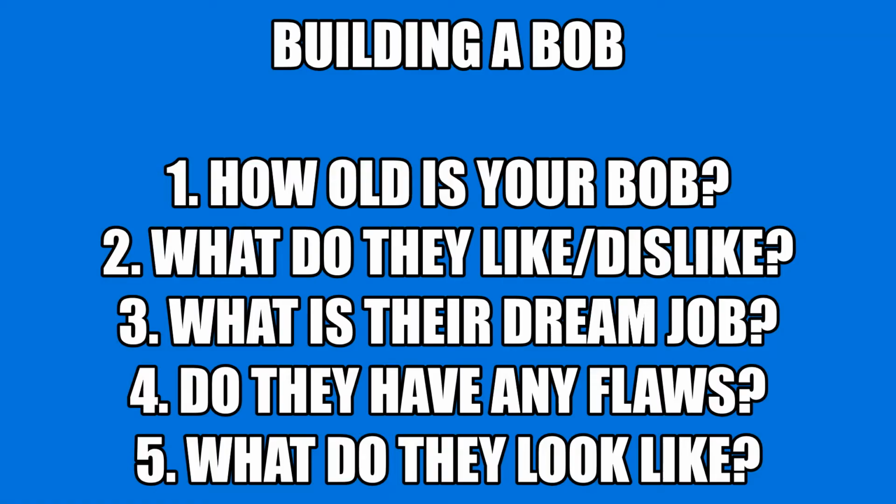Alright. Before we start, just remember that the only rule is that your character's name must be Bob. Anything else is up to you. Alright, let's start. Number 1. How old is your Bob? Number 2. What do they like and what do they dislike?